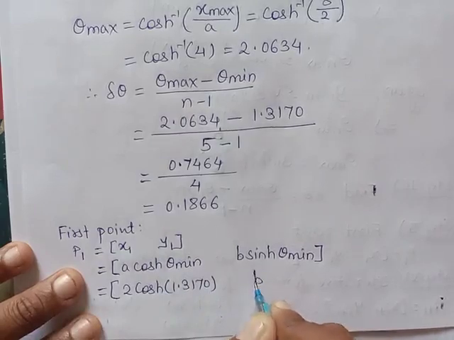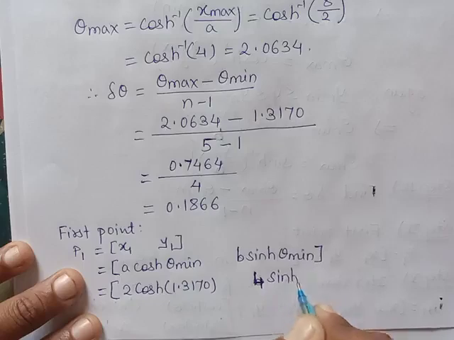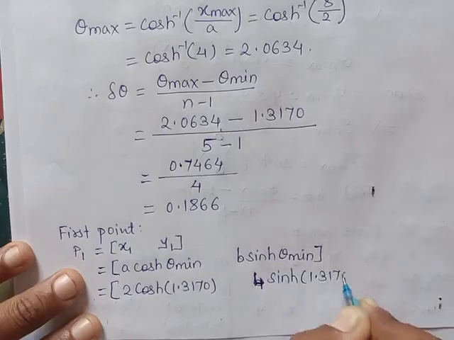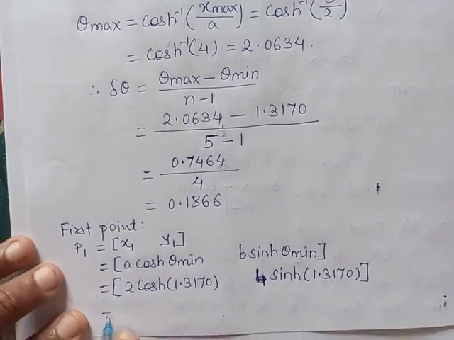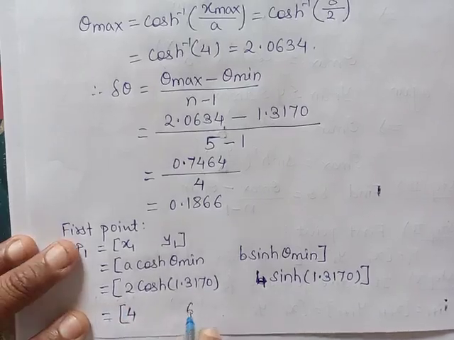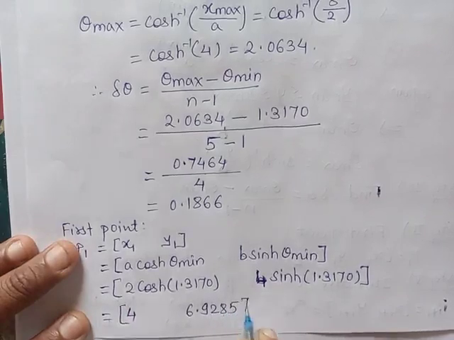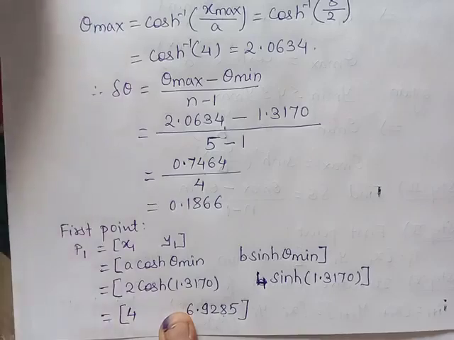B means 4. B means what? 4 sin hyperbolic 1.3170, theta minimum. Right? So this answer is 4 and this is 6.9285. Okay, this is our P1 point.